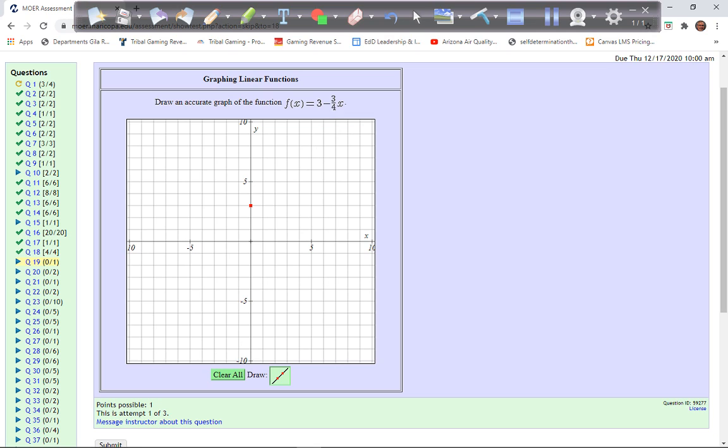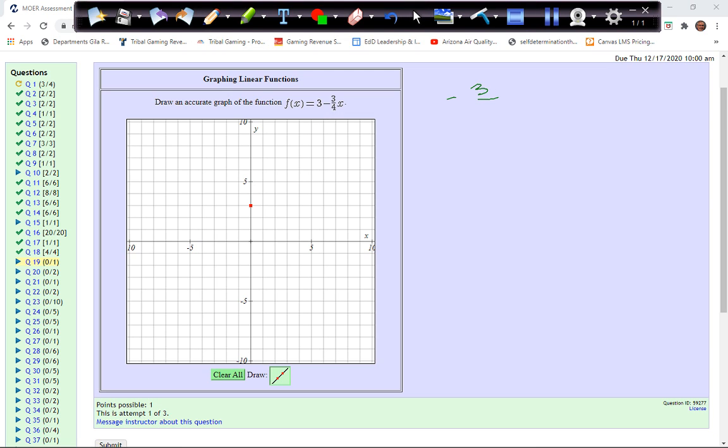Now to get to the next point, I use our slope, which is negative 3/4. We can apply it in a couple of different ways. When we use our slope, remember the top is the rise, the vertical direction, and the bottom is the run, or the horizontal direction.